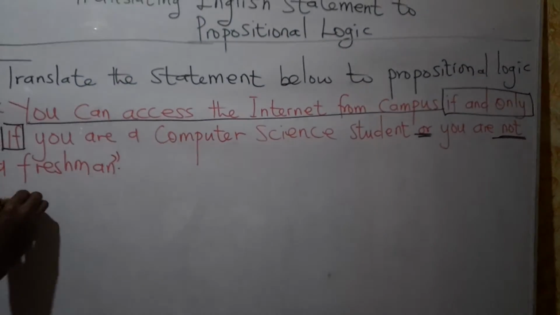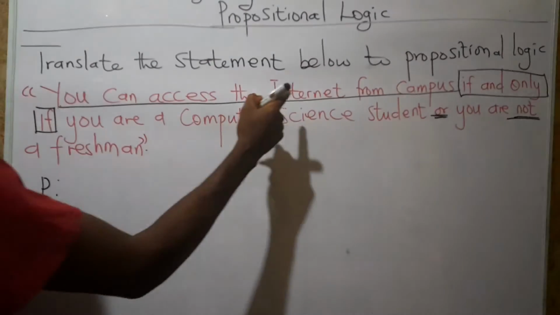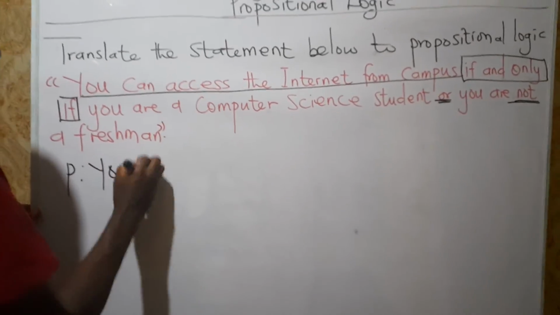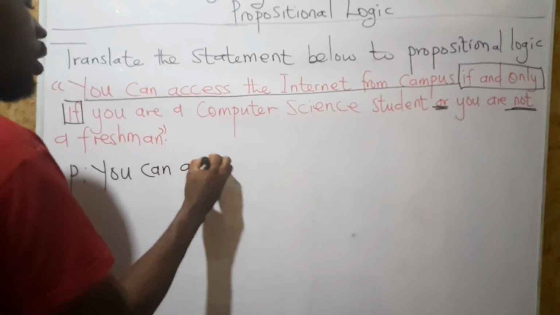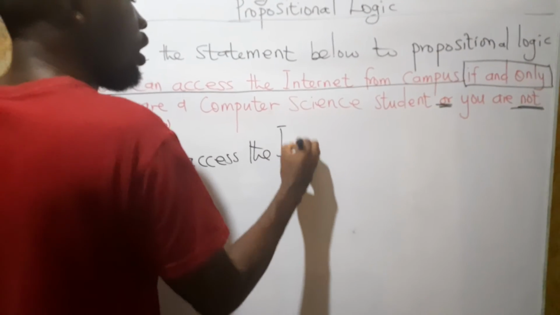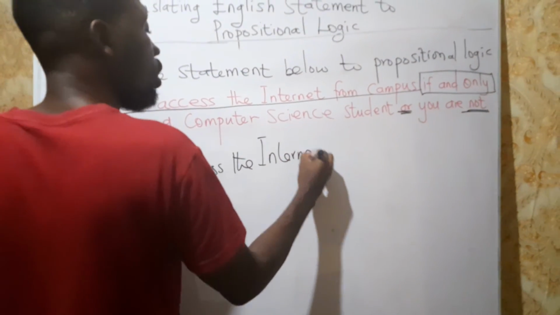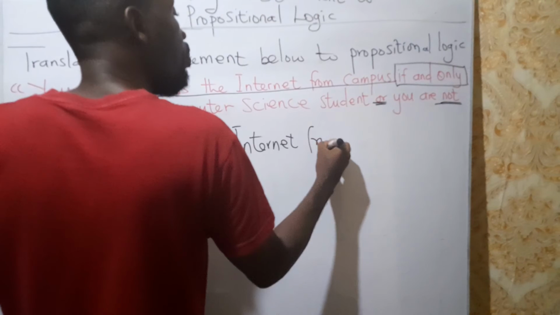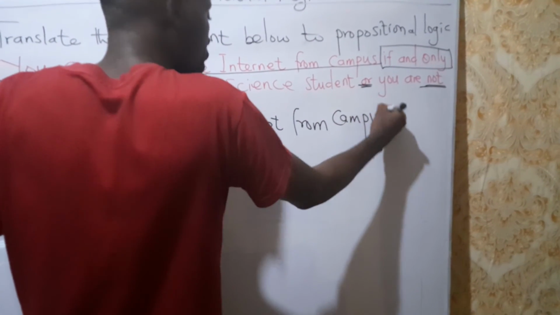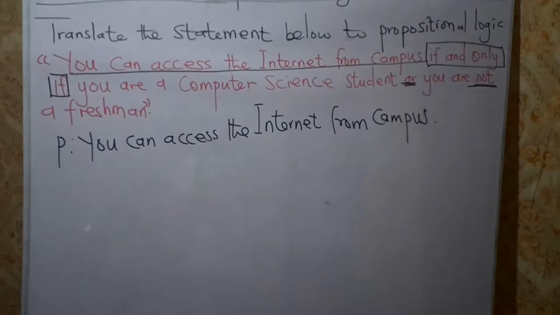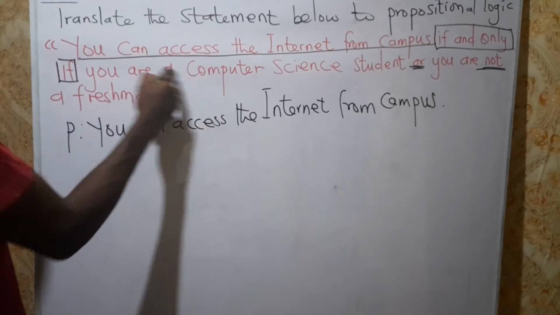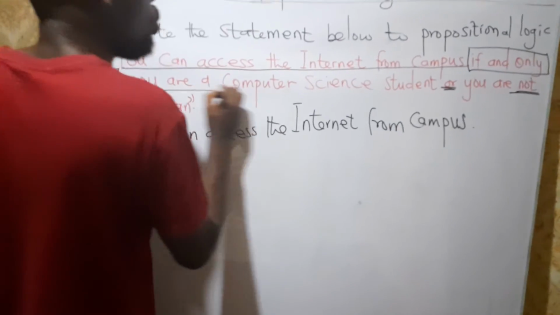The first one, you can access the internet from campus, is one statement, being the hypothesis of the statement. If you are a computer science student, it's also one statement.